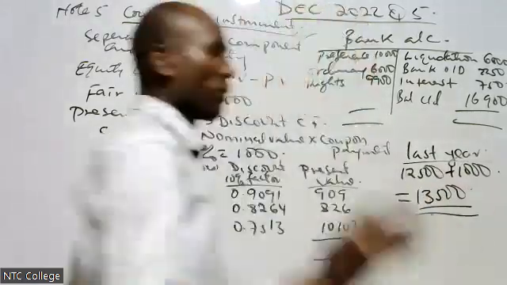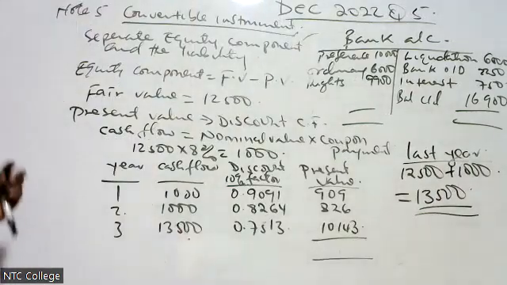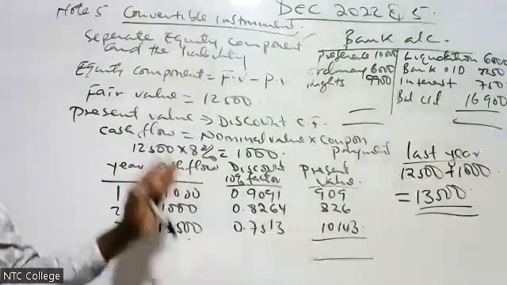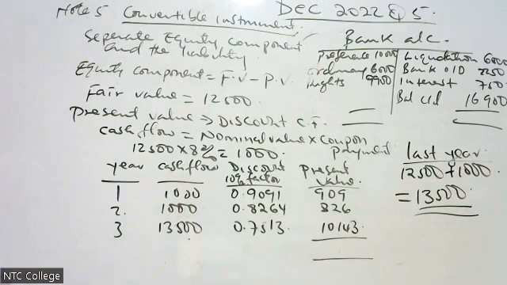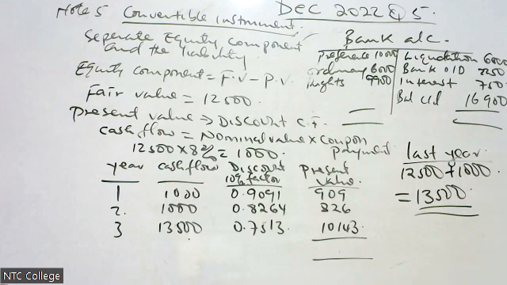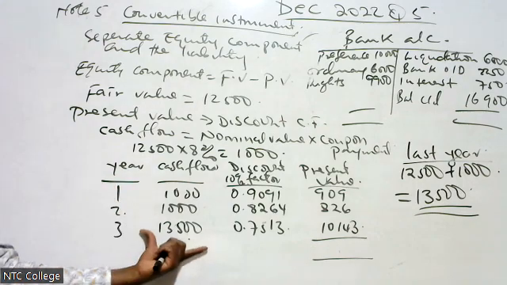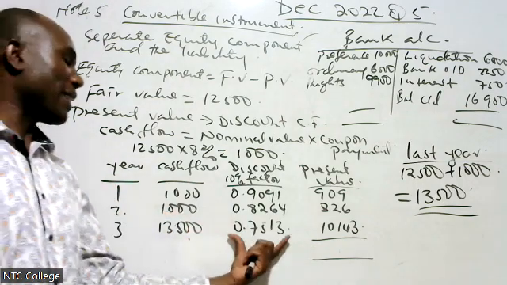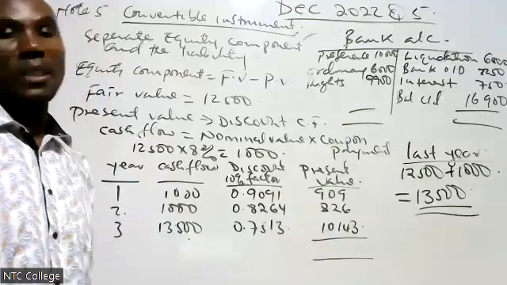In the last year, it's for 3 years, so you are going to pay everything: the nominal value plus the coupon payment, which makes 13,500. When I multiply by the discount factor, I get 10,143.